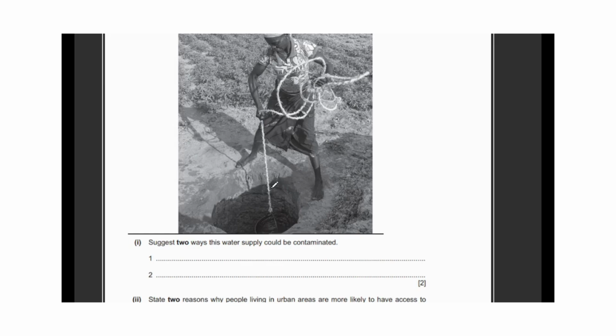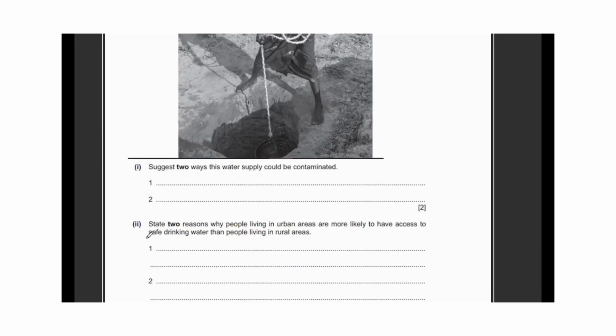Suggest 2 ways this water supply can be contaminated. The water can be contaminated by bacteria. Okay, one thing of course we know by the pathogens, bacteria. What else? From the soil, because soil can also contaminate it, and the feed or animal waste or agriculture.